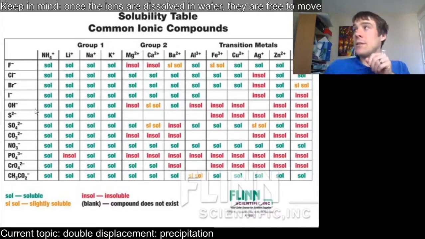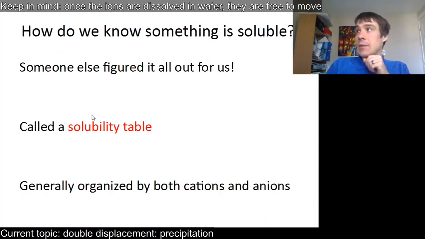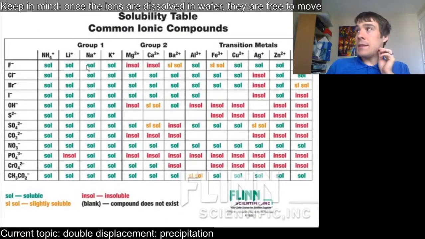Notice you've got cations on top, anions on the side, and these are the combinations of the different cations and anions. So if we go back to this reaction, silver nitrate and sodium chloride, when we look at it, the silver nitrate is soluble. Sodium and chlorine, when those 2 ions bump into each other, soluble.